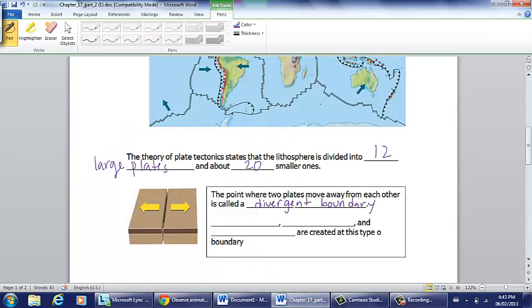At divergent boundaries, because you're getting a separating of the plates, if this were to happen on land, you would get valleys and rifts. And if this were to happen underwater, you get something called a mid-ocean ridge. And a mid-ocean ridge is actually an undersea mountain range.